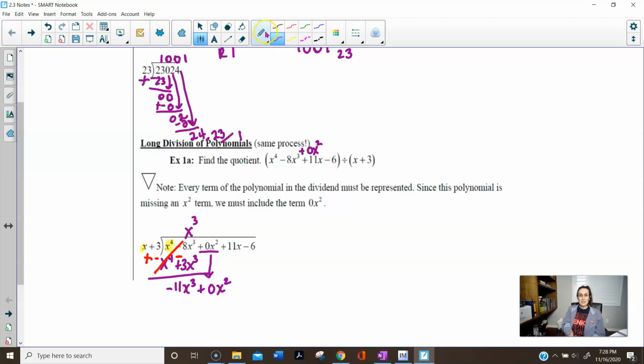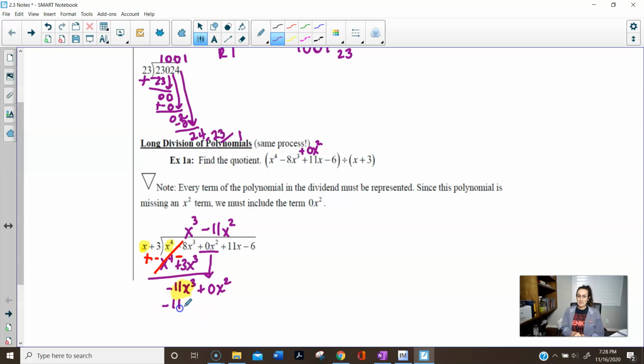And then just like I did up here, I bring down the next number, and then I'm only going to focus on the front. So x times what is negative x cubed? And that is a negative 11x squared. Then you take negative 11x squared and you multiply it to both of these. So negative 11 times x is negative 11x cubed.